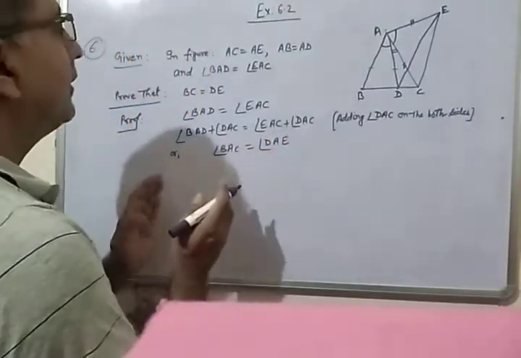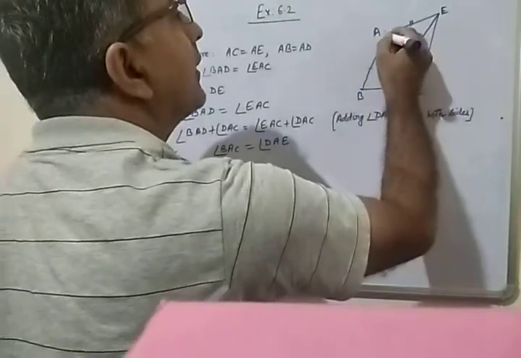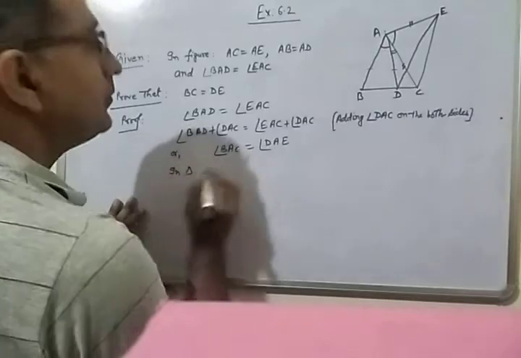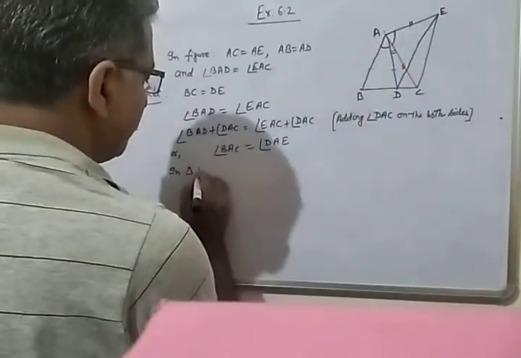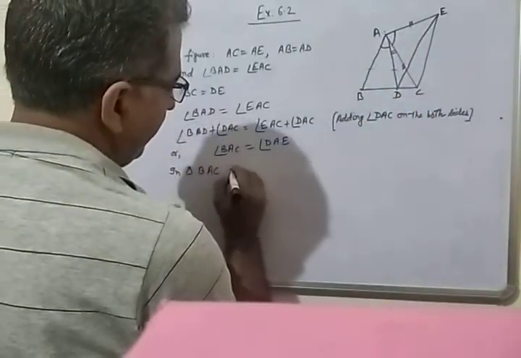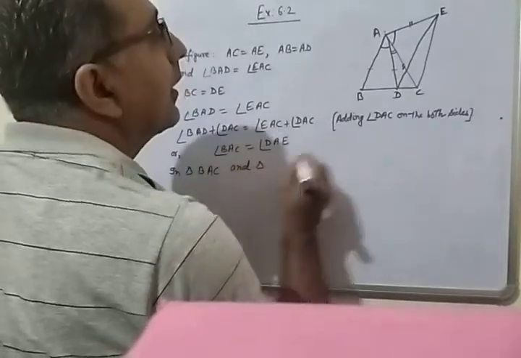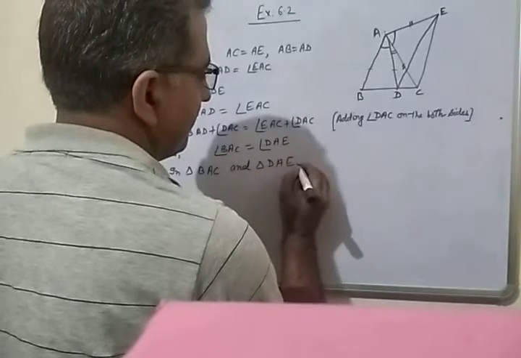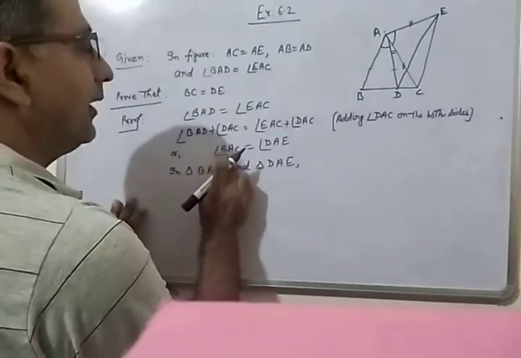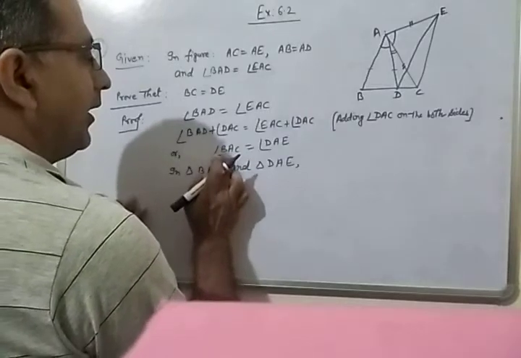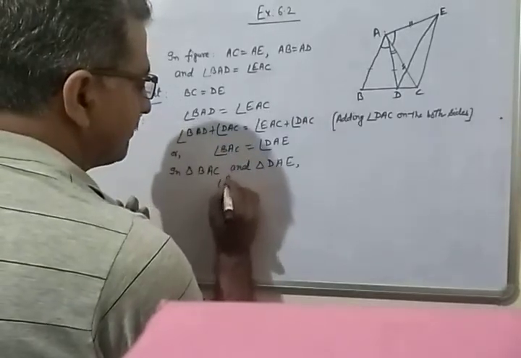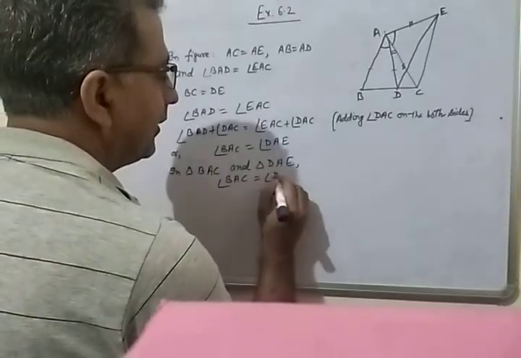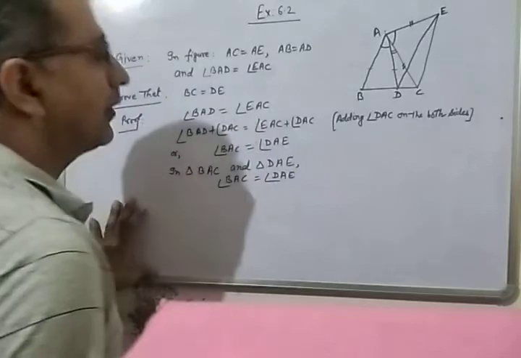So now take the larger triangles. Now in triangle BAC and triangle DAE, this one we have proved, angle BAC and angle DAE are equal.